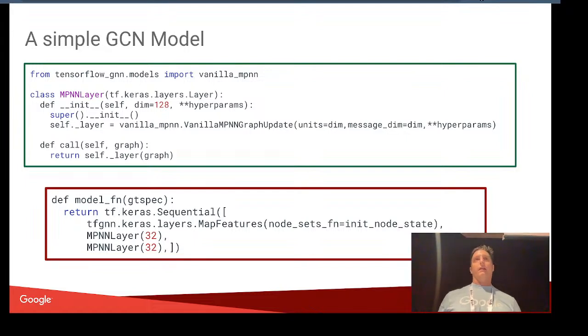You could use any Keras API that you want, but the framework is very flexible. Here we're defining a model FN that we're going to pass to the runner. This model FN takes this graph tensor spec object, which we don't really need to know anything about at this layer because we're using our dataset providers, so we can just satisfy the runner API and think of the graph tensor spec as some sort of symbol.